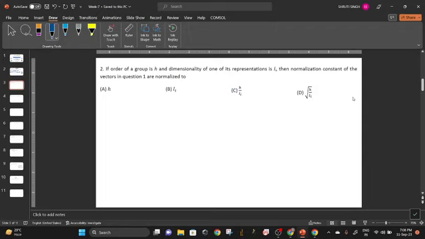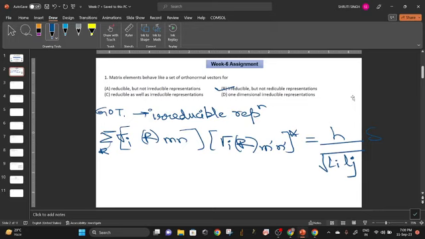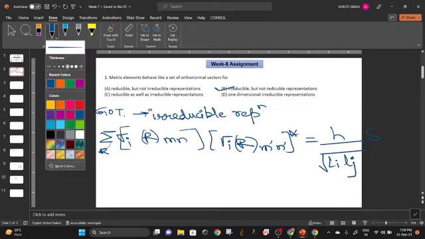Okay, the next question is, if the order of a group is h and the dimensionality of one of its representations is li, then the normalization constant of vectors in question 1 is what? This is what I have written here. This is the normalization constant.